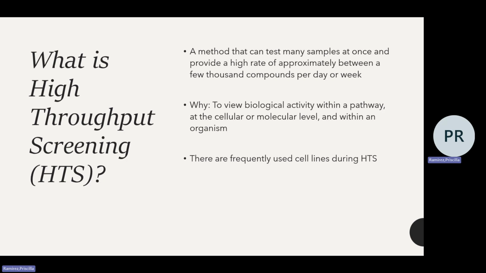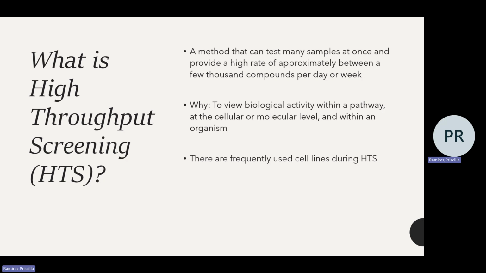So why is HTS important, or why do we want to know about it? It's to better view the biological activity within a pathway at the cellular or molecular level and within an organism. We're going to talk about this with drug discovery, but if we can understand how drugs affect molecular pathways in the body, and how drugs impact the cellular or molecular level or the behavior of cells, then HTS can help us to determine that.